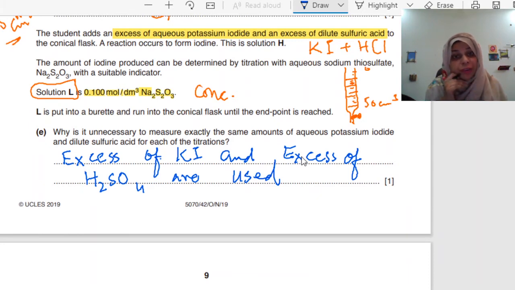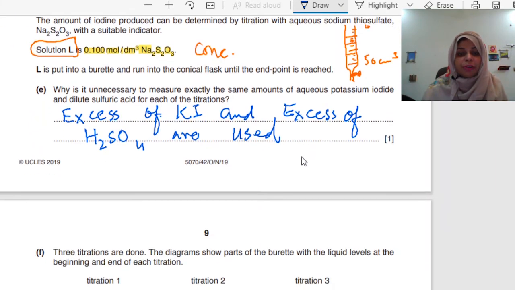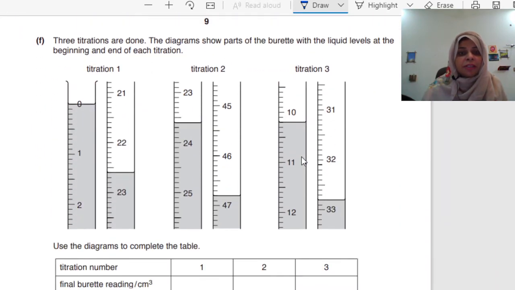So due to this reason, we have to take the exact amount of aqueous potassium iodide and dilute sulfuric acid for the exact measurement.